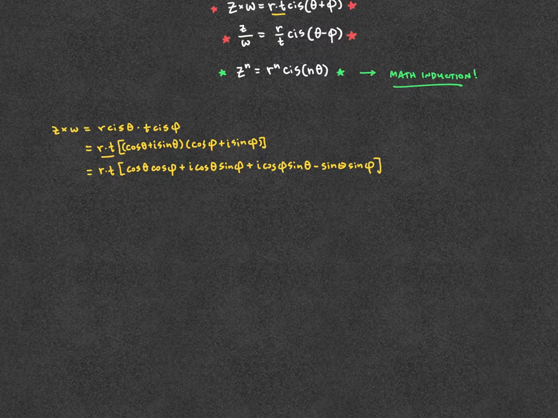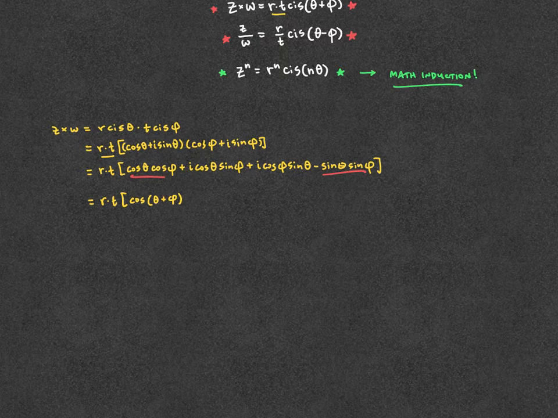All right, now I'm going to group my real components, cosine theta, cosine phi. So I keep the rt. Cosine theta, cosine phi, minus sine theta, sine phi. That portion in red is equivalent to cosine of theta plus phi.